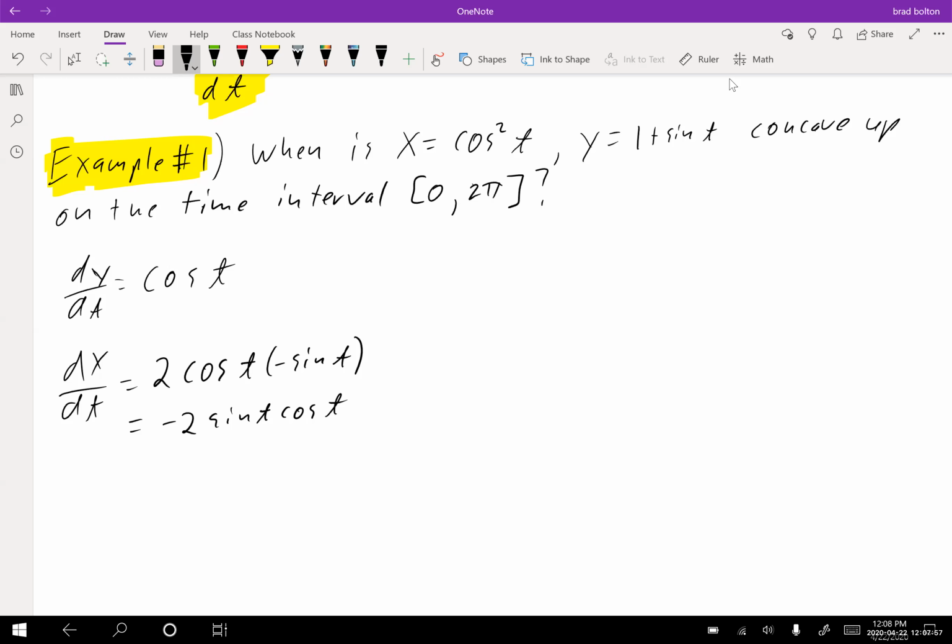Okay, so this is our dy dt divided by dx dt. That means we now technically know dy dx, which is cosine of t, remember our formula from the previous video, divided by dx dt, negative 2 sine t cosine t.